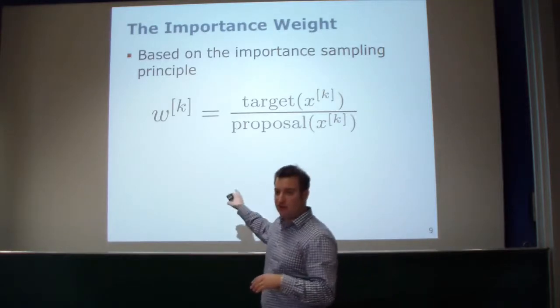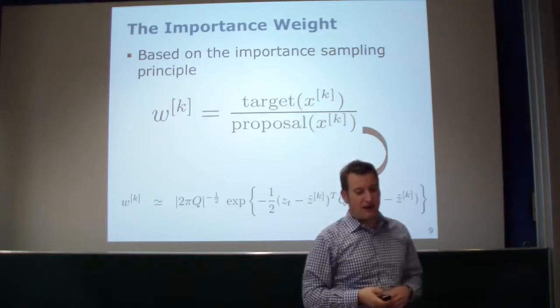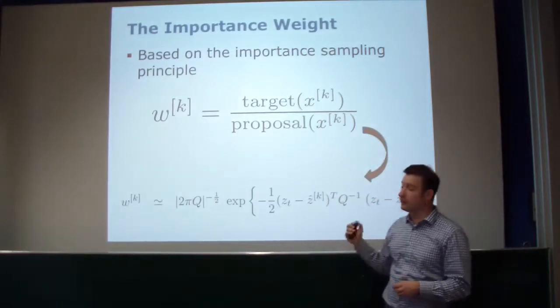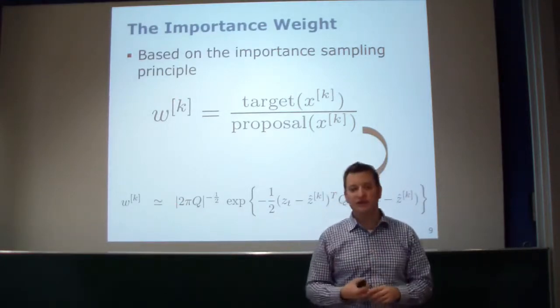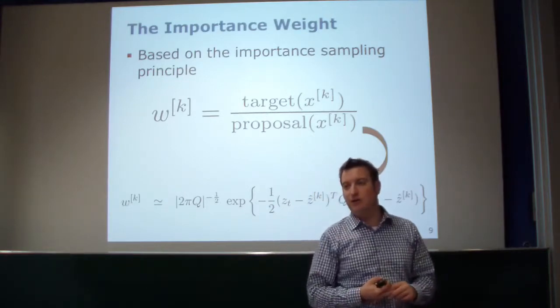We did some derivations and calculated for a couple of minutes, and we were able to show that this is approximately this distribution over here. So under the assumption that we have Gaussian distributions involved, and under some linearization assumptions, this is the way we compute our importance weight.